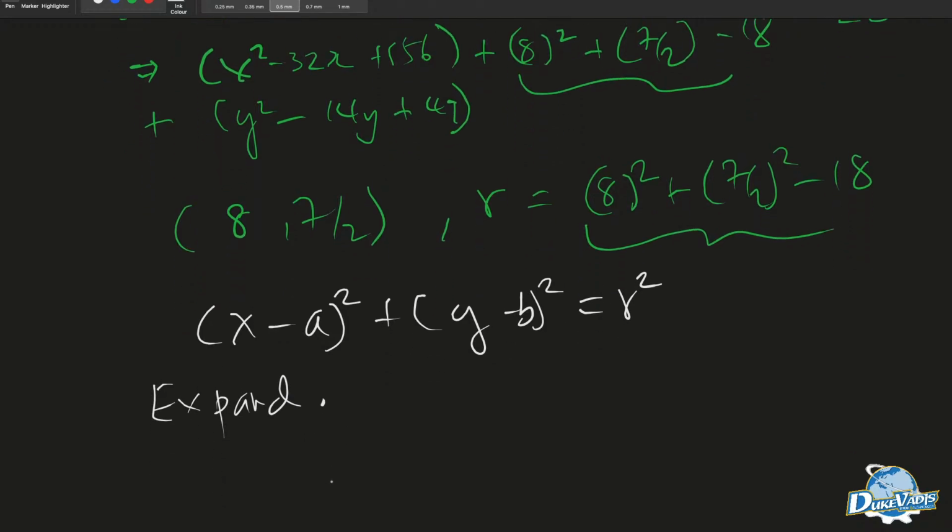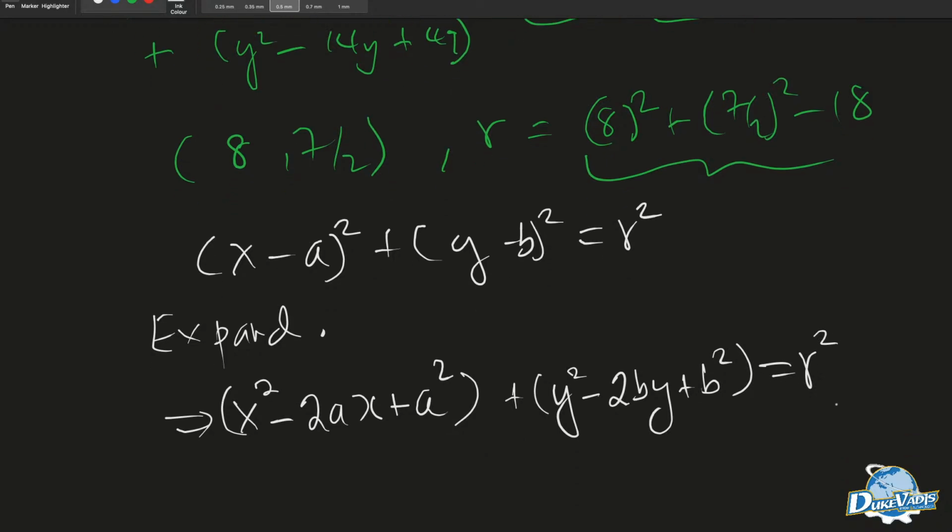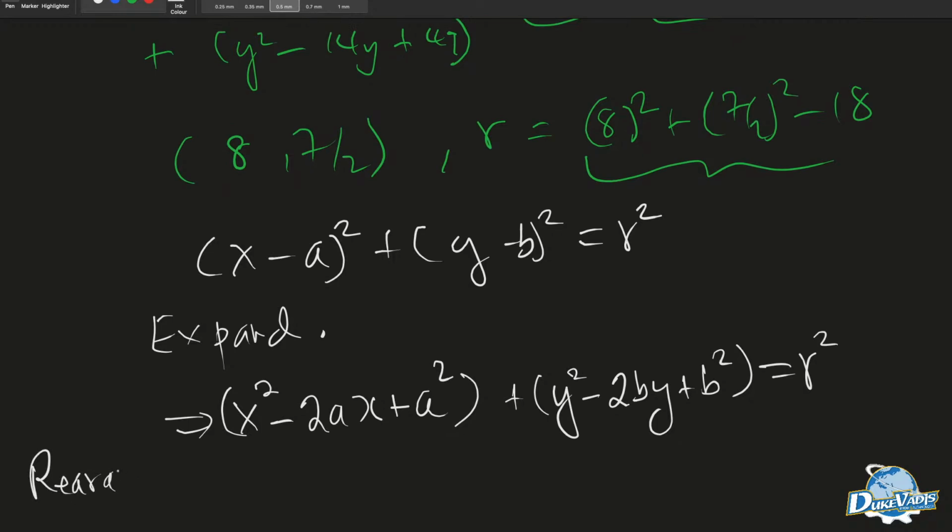When we expand this, we get x squared minus 2ax plus a squared, as we did over here, for the first part. The second part is going to be y squared minus 2by plus b squared, equal to r squared. Are we on the same page? Now let's rearrange this equation.